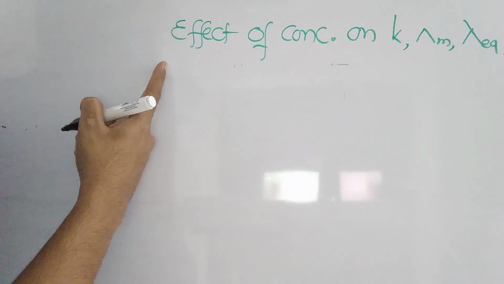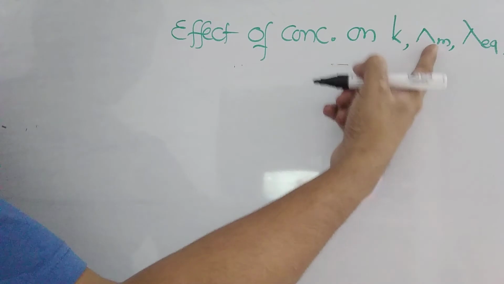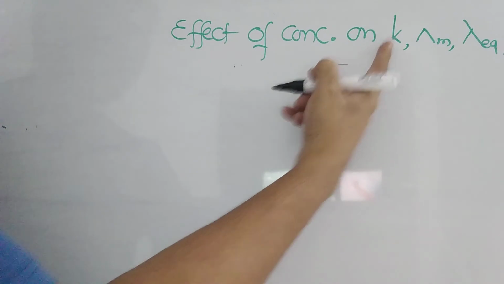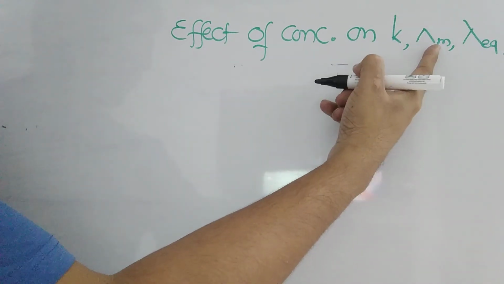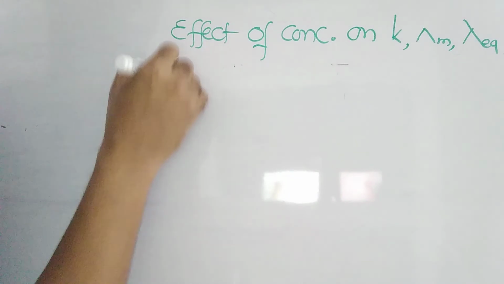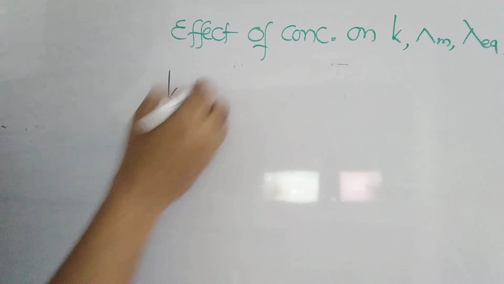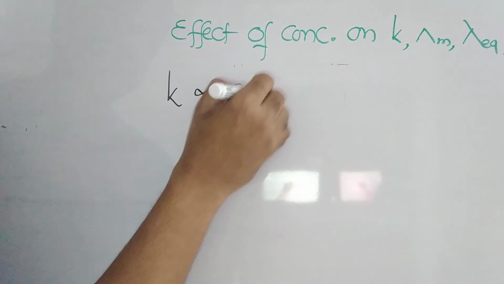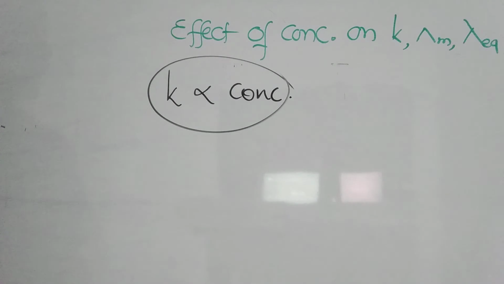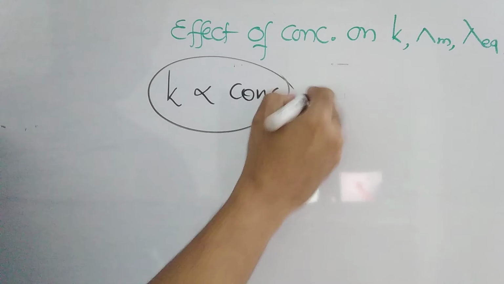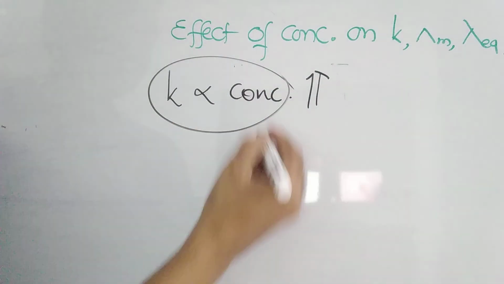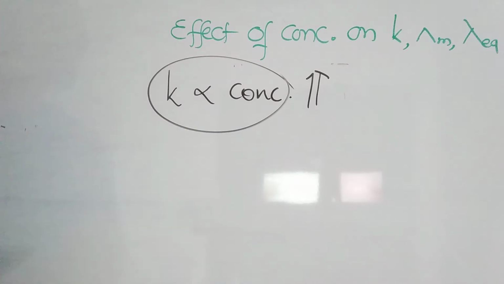Effect of concentration on K, lambda m, lambda eq. That means conductivity, molar conductance and equivalent conductance. Very simple. Kappa K is directly proportional to concentration. Whenever the concentration increases, very simple logic, number of ions per unit volume increases.